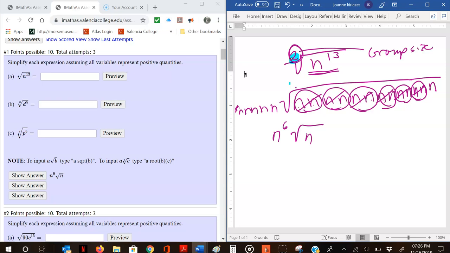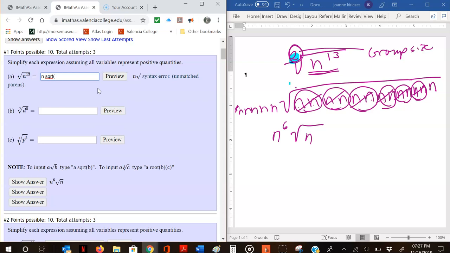Now, when you're typing this into iMathAS, you have to be very careful. It tells you right here underneath where it says note. You're going to write n, then put a space, and then write square root, which is SQRT, and then parentheses and n.